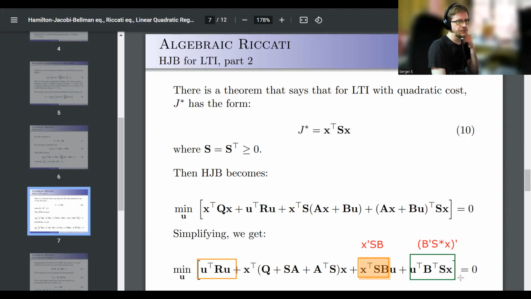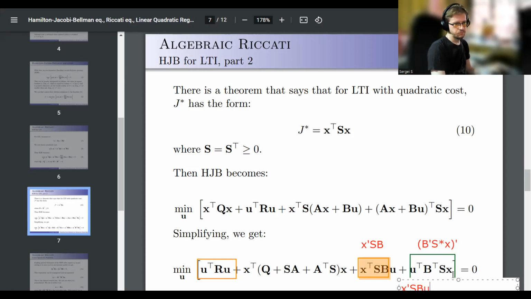So transposing this particular function does not change anything. Transposing it first leads us to a function x transpose c, and since c is symmetric, we don't write transpose for it, times b times u.